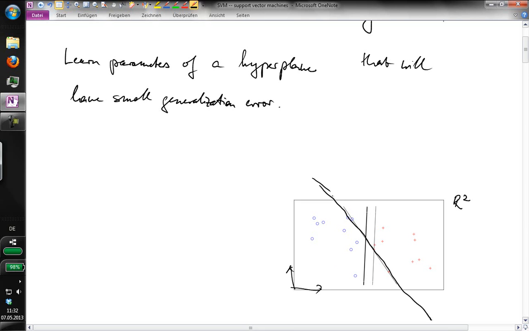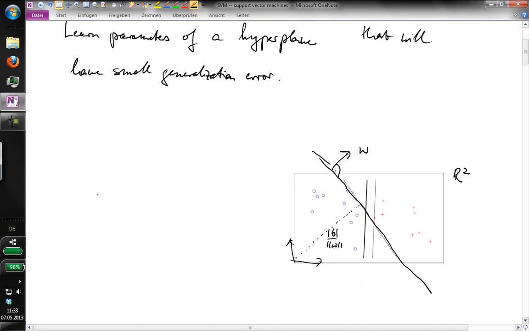I can parameterize such a decision boundary by a normal vector w, and by its distance from the origin. So this distance is given by that much. Okay, so I can write for a hyperplane that x transpose w plus b equals 0.